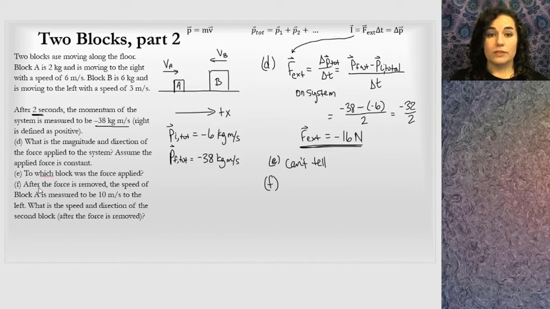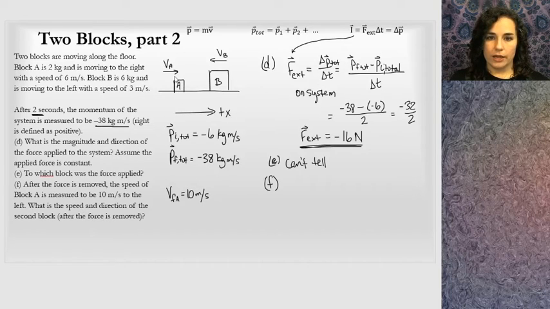What you might be able to say is, okay, now that I know this total final momentum, it says after the force is removed, the speed of A is measured to be 10 meters per second. So I have V final A equals 10 meters per second, to the left.